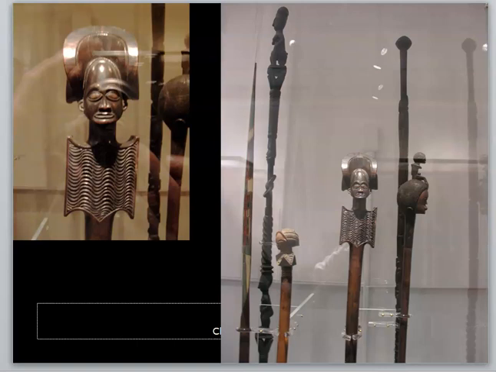The wavy portion below the face would have helped your hand to maintain its position so that you could have held the staff while announcing essentially your authority. This is owned by the University of Pennsylvania Museum of Archaeology and Anthropology, which I highly recommend that you visit to see some pretty good African art.